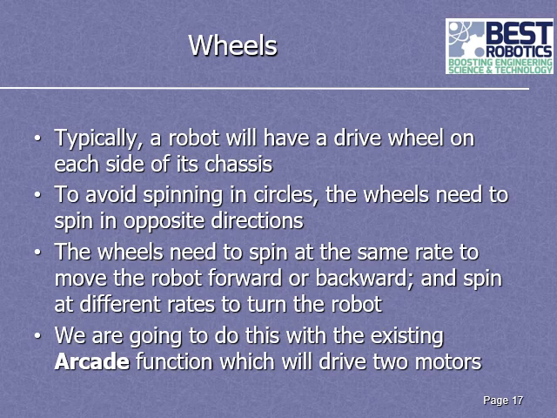And because the wheels need to turn in the same direction, even though the motors are pointed in different directions, that would mean that one motor technically has to move opposite the other wheel. Rather than having to worry about all that, we have a pre-designed function in our library called arcade function, which is going to take care of all of that, and it's just going to require you to put in a couple different pieces of data into a pop-up.